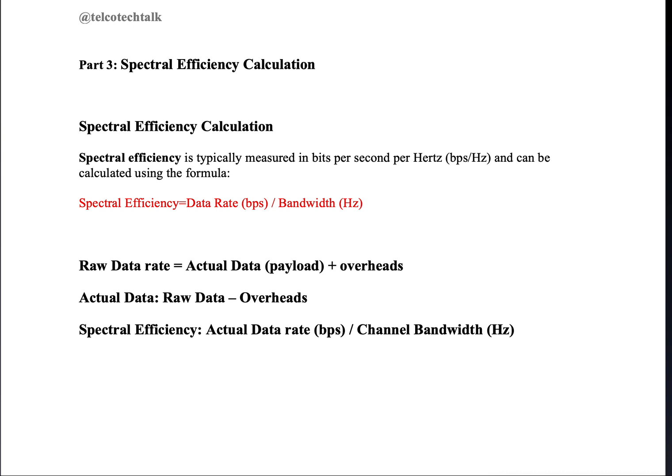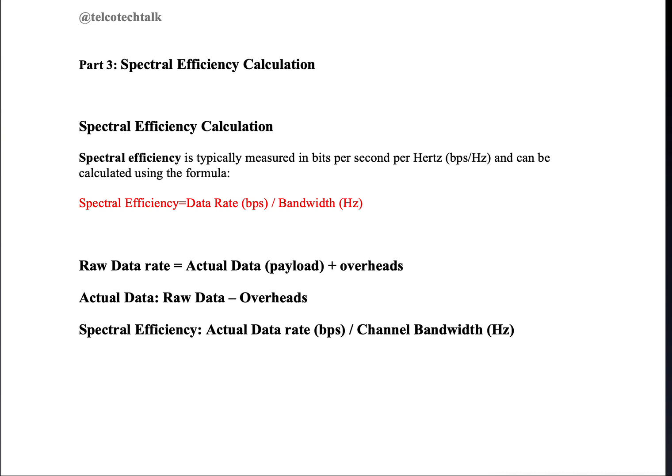Let's start. Spectral efficiency, as we discussed, is typically bits per second per hertz and can be calculated using the formula data rate divided by bandwidth. So what is data rate? In LTE or any radio access technology, there will always be overheads.